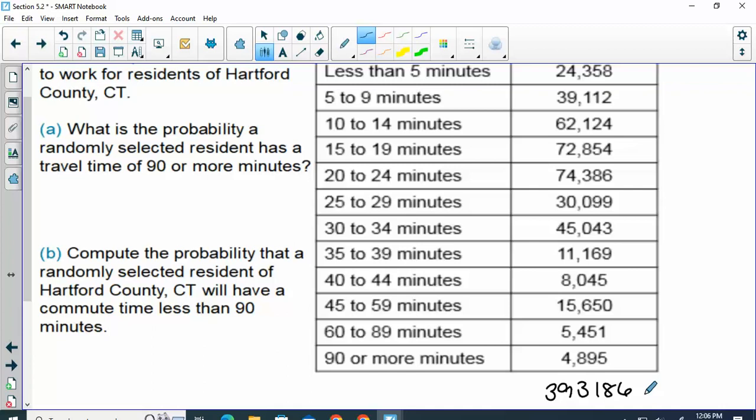Double check me. I got 393,186. Okay. So tell me the probability that the travel time is 90 or more.